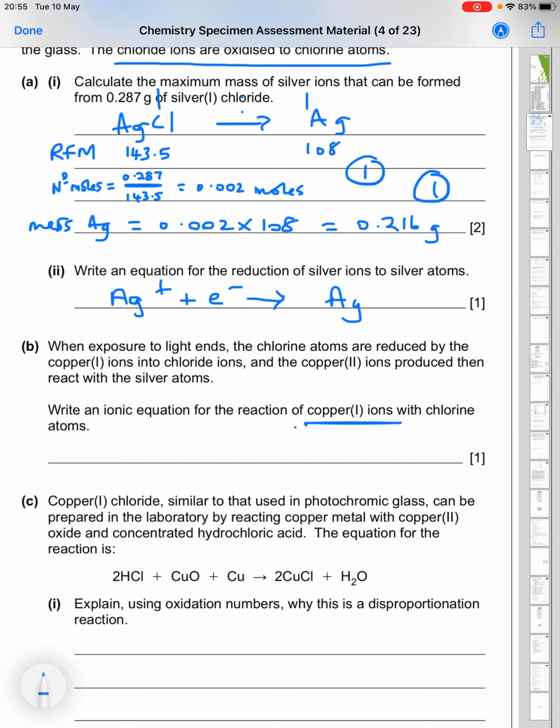So write an ionic equation for the reaction of copper(I) ions with chlorine atoms. So that's going to be Cu+ plus Cl2. It's going to give us copper(II) ions, so Cu2+ and 2Cl-.